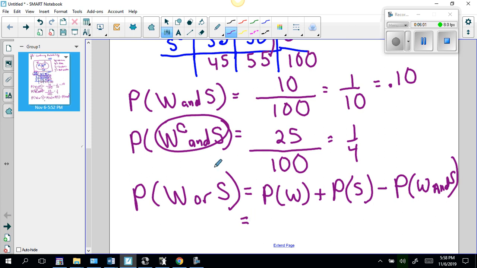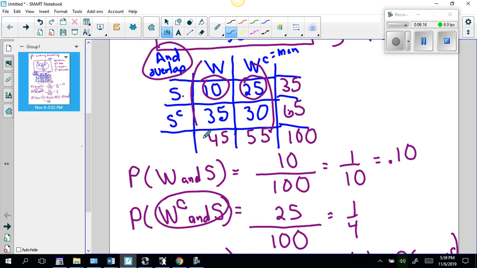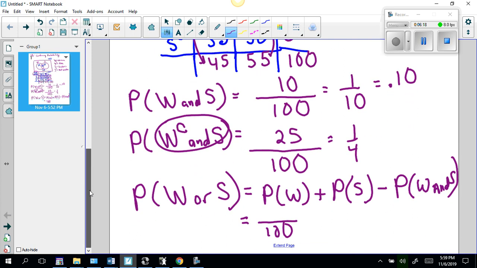So the cool thing is, I can do this problem now. And I'll explain how really smart people do it, but unfortunately I'm not really smart. I don't handle OR questions very well. So probability of being a woman in this situation is 45 out of 100.